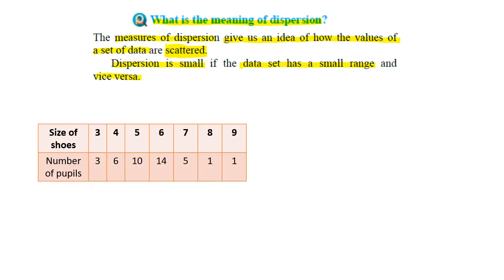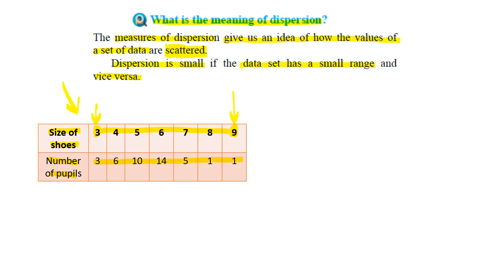So let's see. You have a table here. It's about the size of shoes, from size 3 to size 9. This is the largest size. And the number of pupils with the size of shoes, this one.